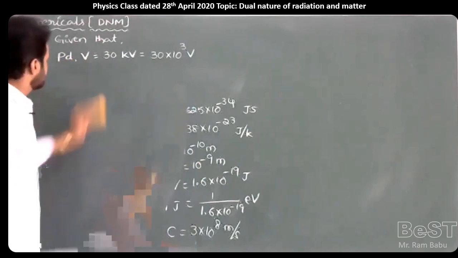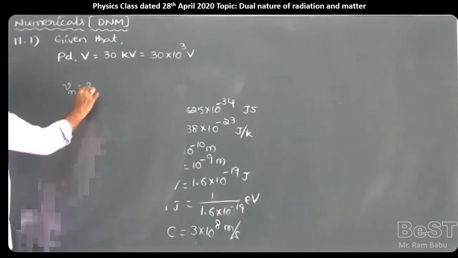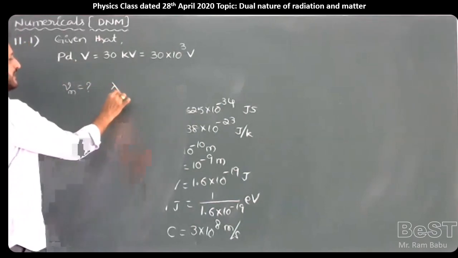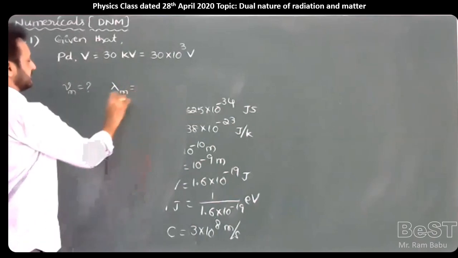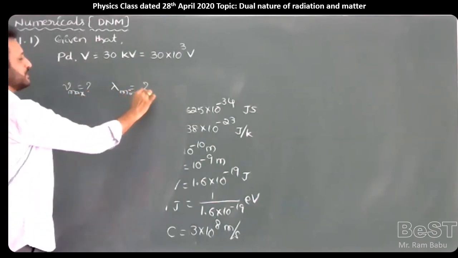They asked, first, find the maximum frequency, nu maximum is equal to question mark. And second, minimum wavelength, lambda minimum. Both nu maximum and lambda minimum should be calculated.